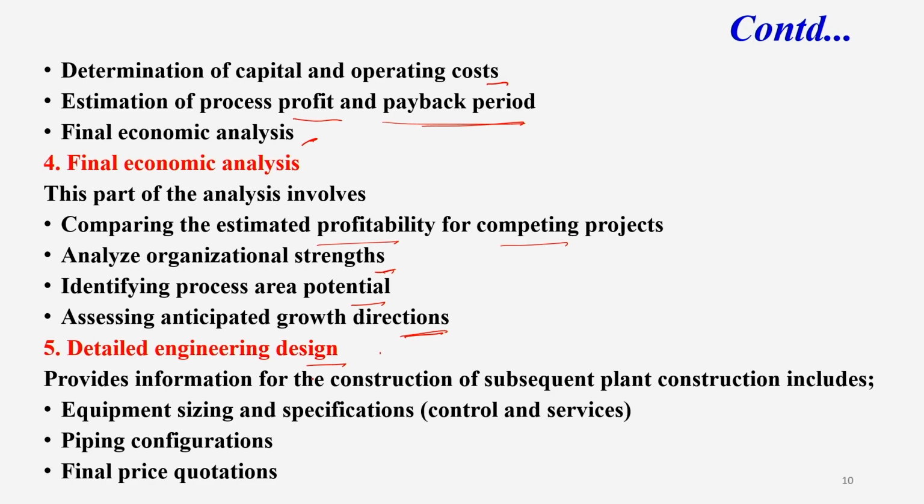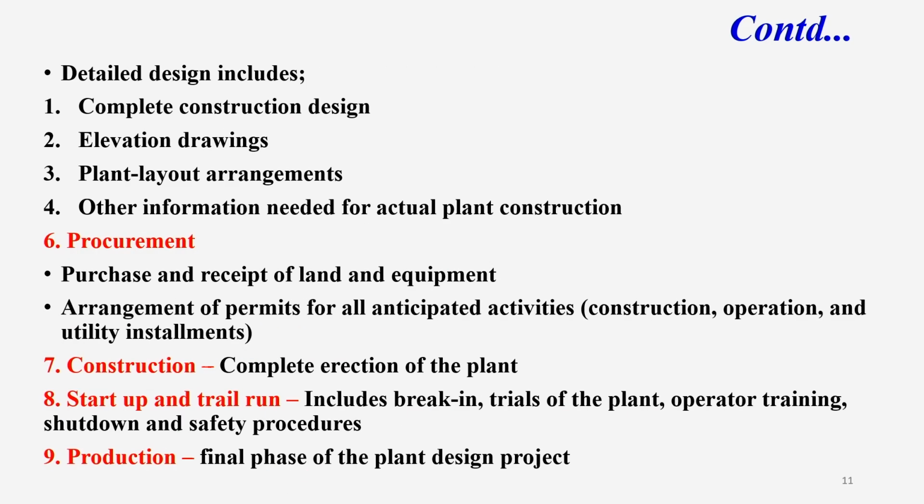It provides information for construction of the subsequent plant, which includes equipment sizing, specification, piping configuration, and final price quotations. It includes complete design, construction design, evaluation, drawing, plant layout agreement, and any other information needed for actual plant construction.